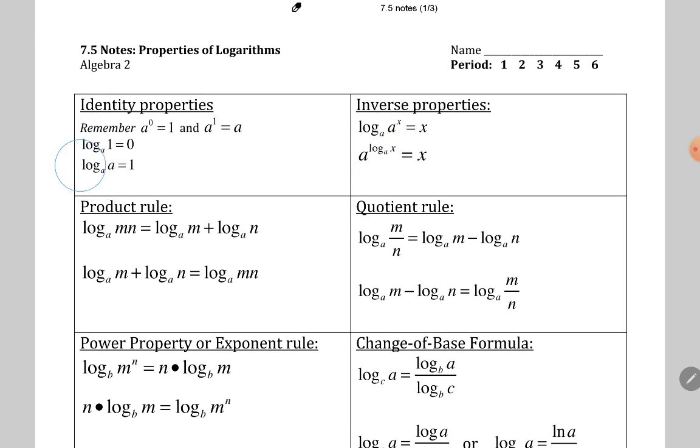But anyways, just remember that anything to the 0th power is 1, and anything to the first power is itself. 7 to the first power is 7. And along with logarithms, log base b of 1 equals 0. So for example, log base 5 of 1 will always equal 0.